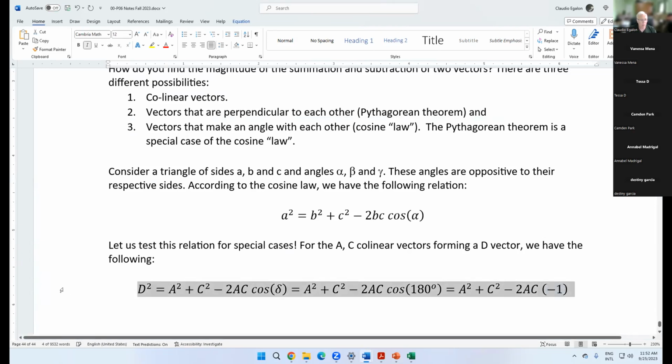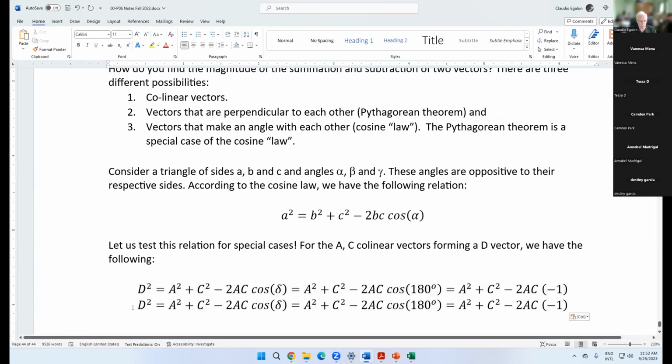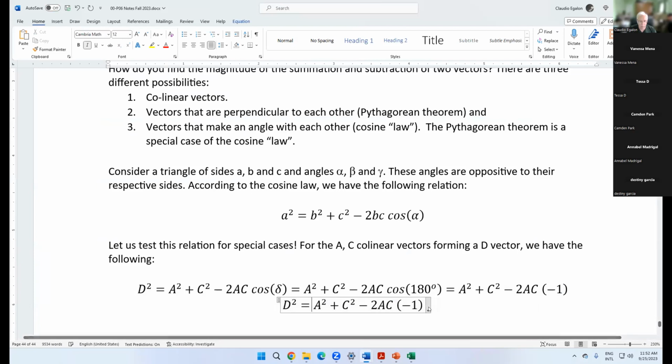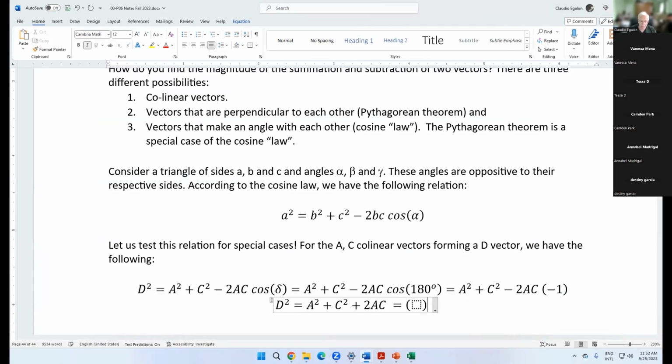Minus 1 multiplied by this negative sign turns out to be plus. And what you end up having here is A plus C squared.